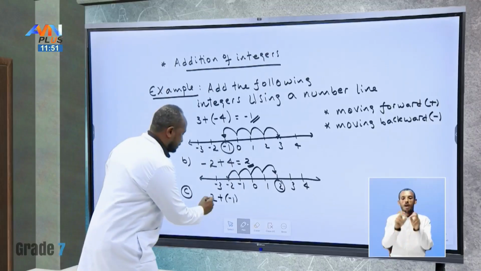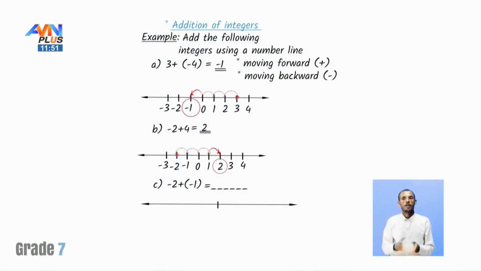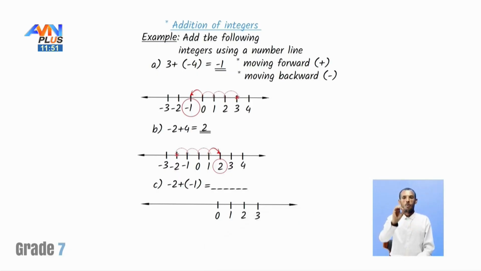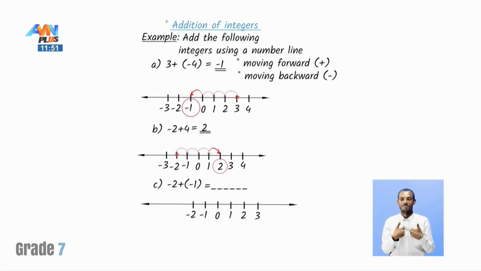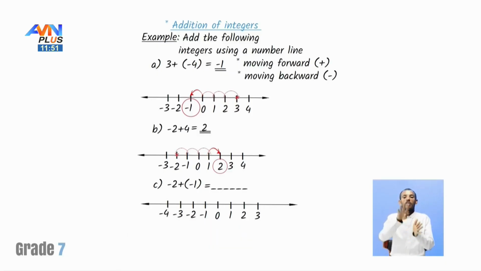Okay, here we are asked to add these two numbers. So let's draw a number line here. And let's label the numbers 0, 1, 2, 3, and so on. To the left, you have -1, -2, -3, -4, and so on.